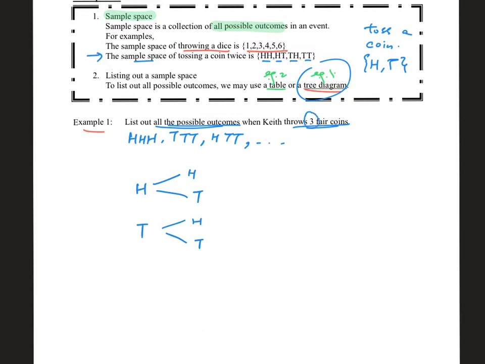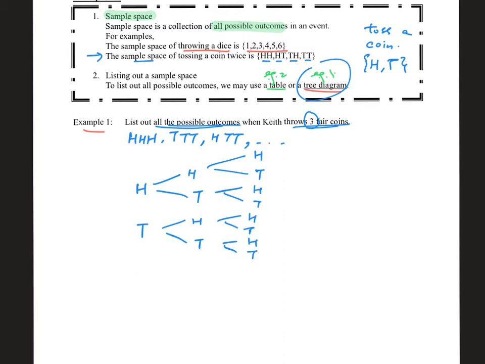If you want to throw 3 coins, then you have the third layer of branches: head, tail, head, tail, head, tail, and then head, tail. In this case, you are using a very systematic way to write down the results of throwing the coin the first time, the second time, and the third time.